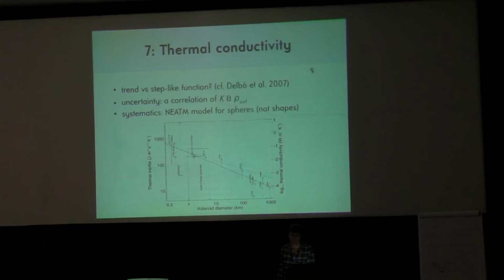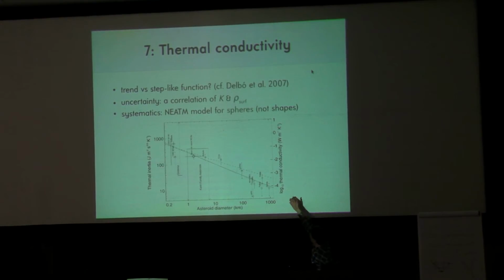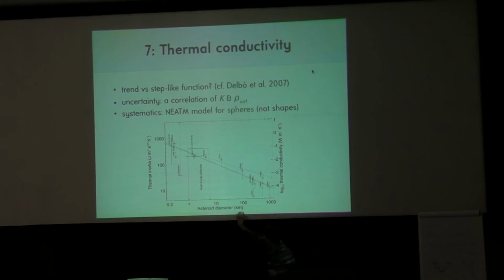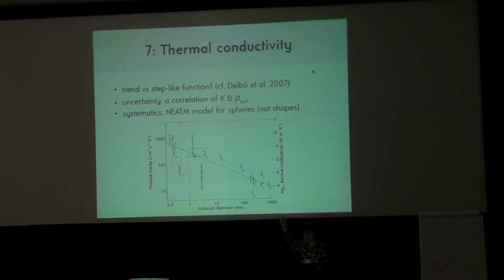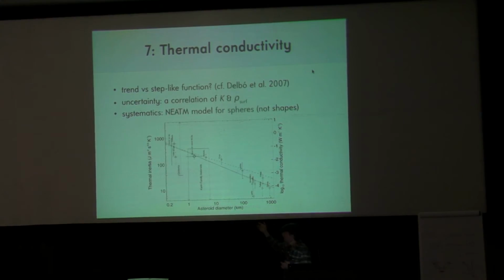Number 7, I'd like to show the distribution of thermal inertia or thermal conductivities versus sizes from Marco's paper. You see that there is a trend, but it might be the case that it's a step-like function. You can measure it by a step-like function.